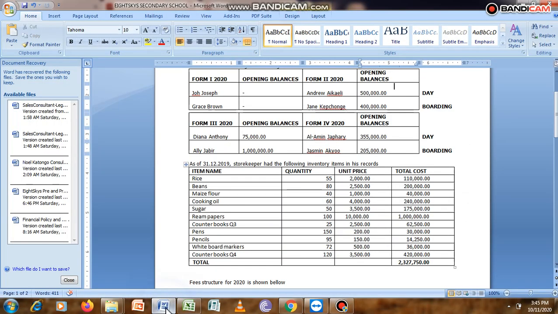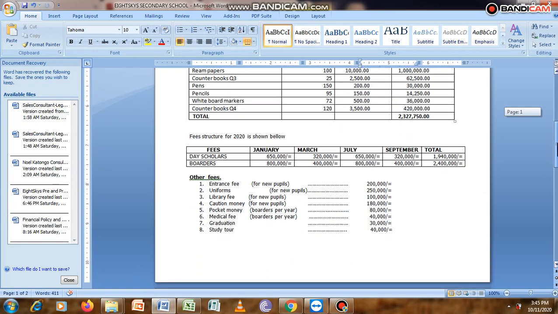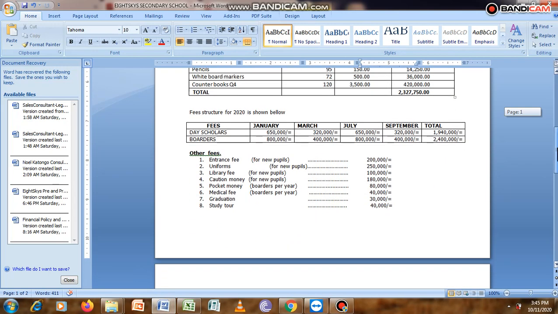So going back to our model question, and then we scroll down. This is the part which is talking about fee structure. As you can see, we have a fee structure for the scholars, and we have a fee structure for boarders. We have tuition fees, and we have other fees.